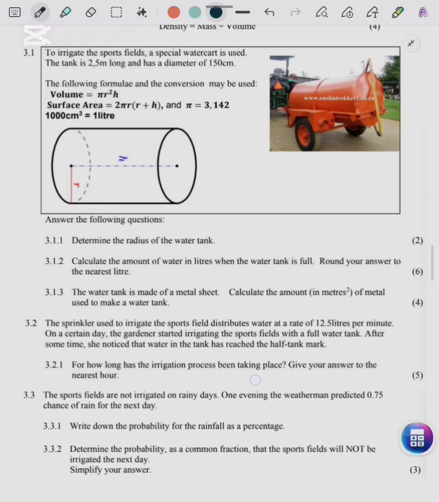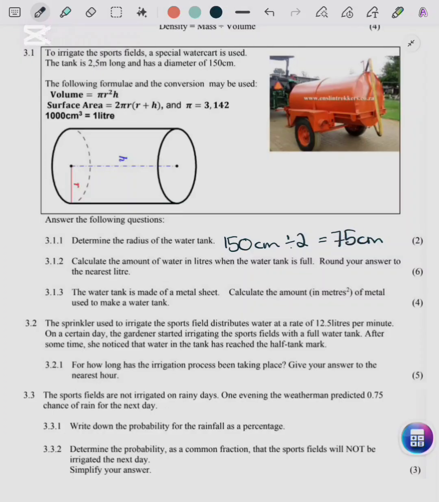This is quite straightforward because we have our diameter of 150 centimeters, and hopefully we realize if diameter is the full length across, radius will be half of that. So all we're going to do is say our 150 centimeters divided by 2 is 75 centimeters.